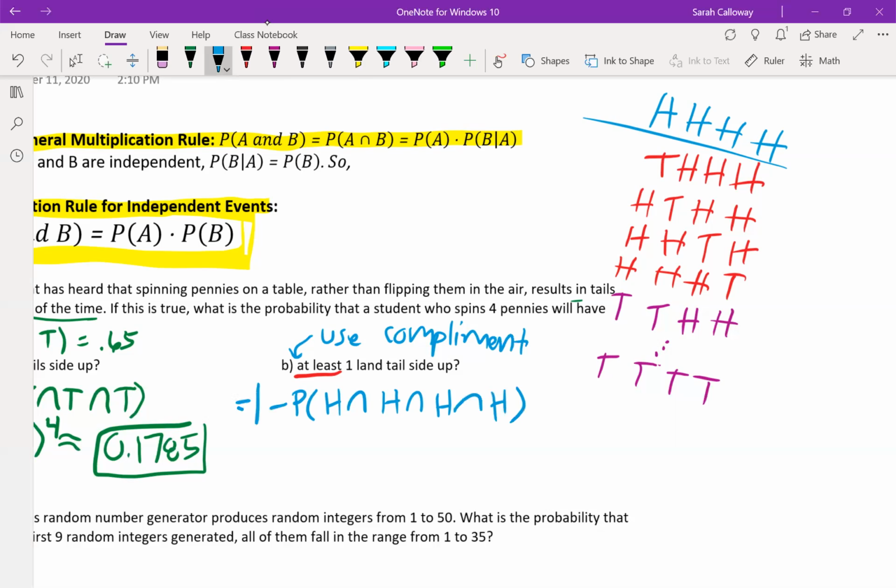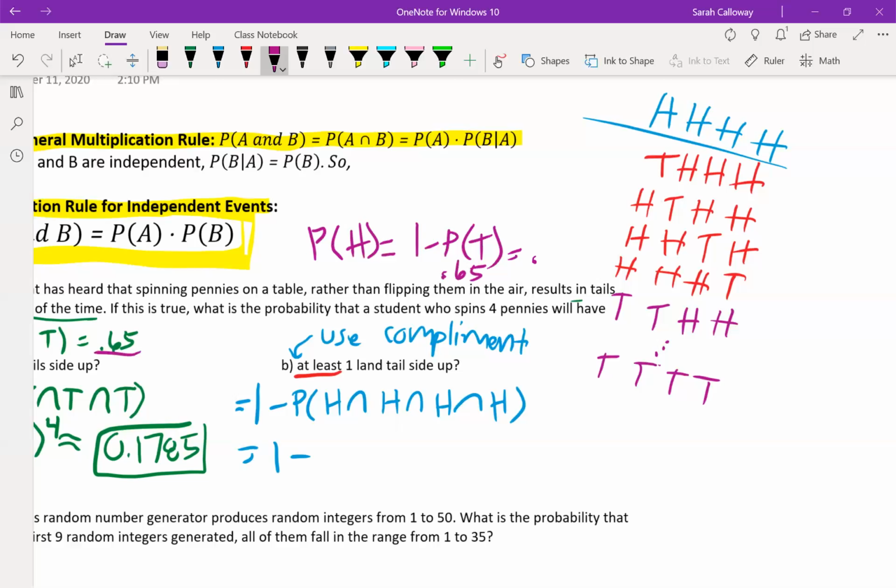Remember that probability, to denote that it's the complement, is 1 minus the probability of it landing on heads 4 times. So what we need to know then is, what is the probability of this penny landing on heads? If the probability of tails was 0.65, in general, the probability of landing heads would be 1 minus the probability of it landing on tails, because they're complements. So that would be 1 minus the 0.65.